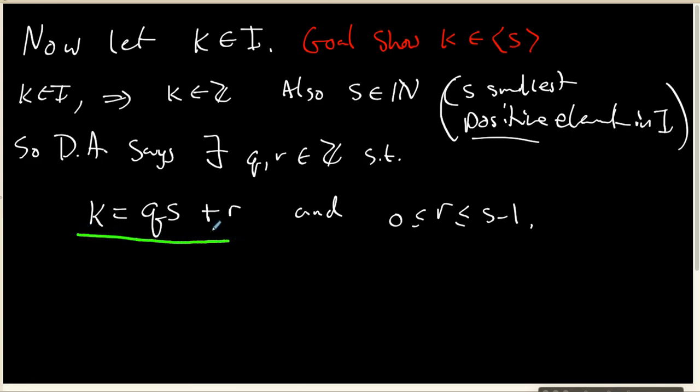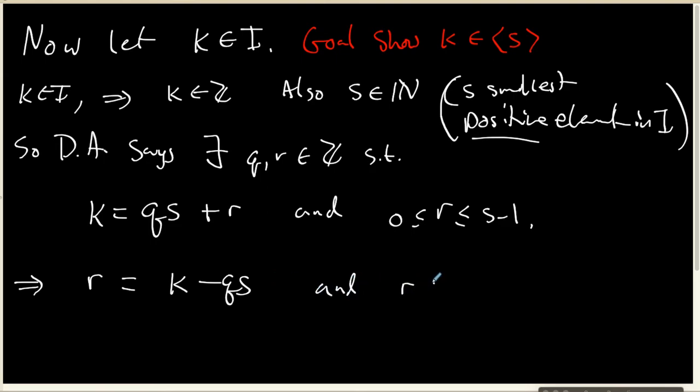This is an equation inside the ring of integers, and I can manipulate it around. That particular thing is going to tell me that R can be written as K minus QS, and I also know that R belongs to the set 0, 1, 2, all the way up to S minus 1, because remainders, of course, are integers. That's up here.